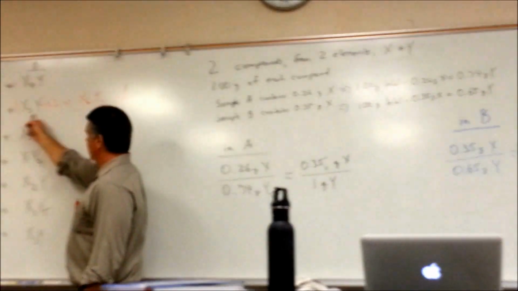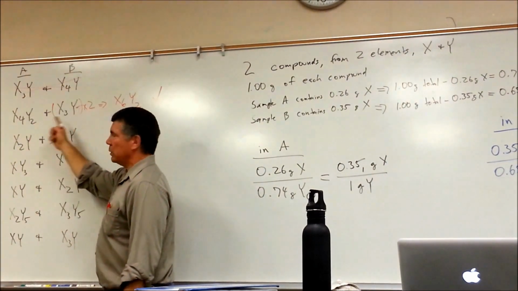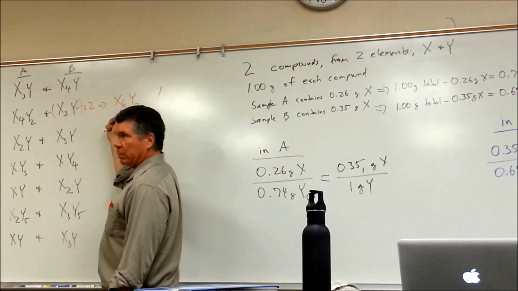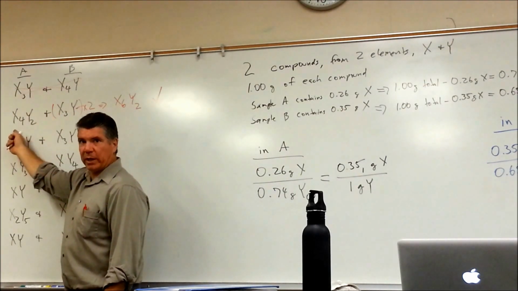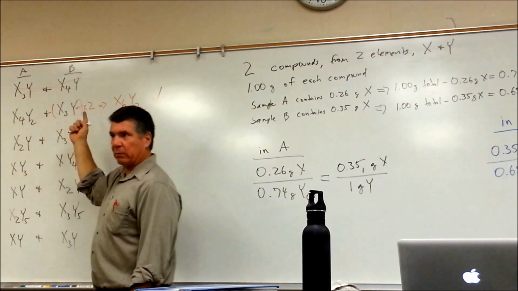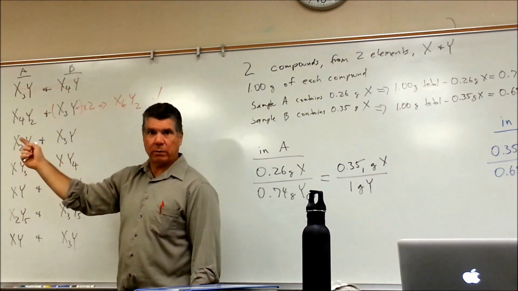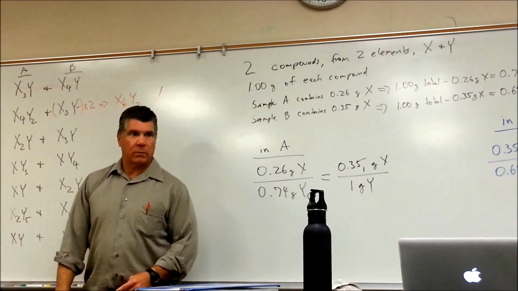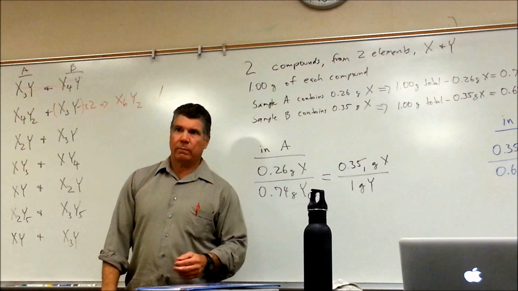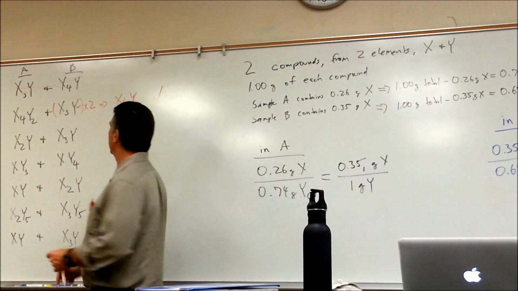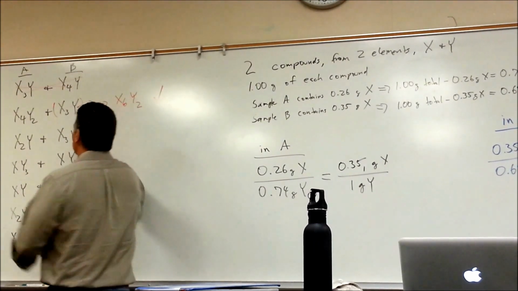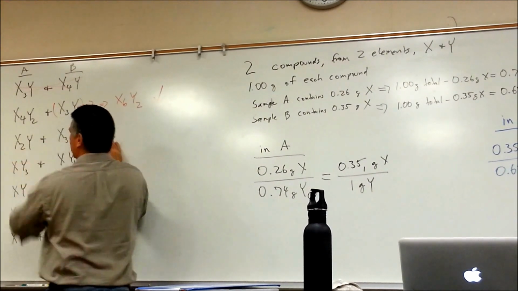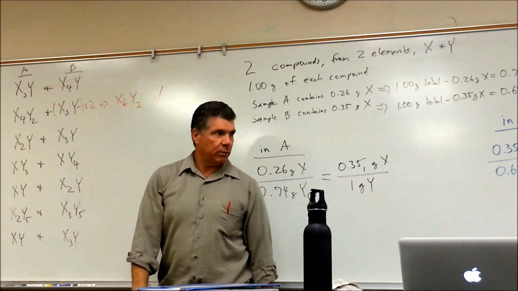By multiplying these by 2, I kept Y constant between the 2 compounds, and we ended up with 6 X's in B for every 4 X's in A. That's the same as 3 X's in B for every 2 X's in A. And so that's a possibility. That works. Next, this one here, Y is constant, 3 X's in B with 2 X's in A. That's good just as it's written.